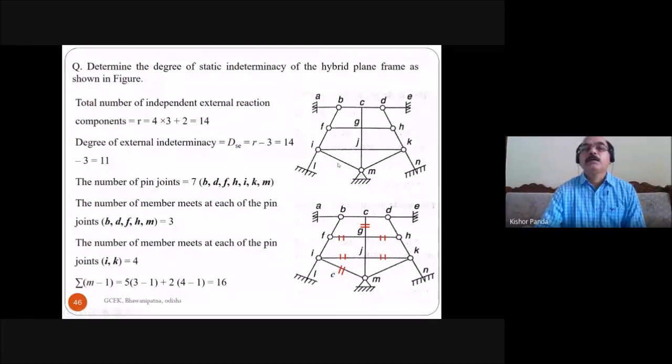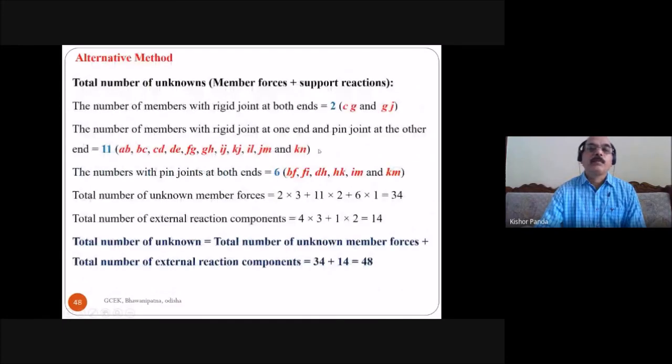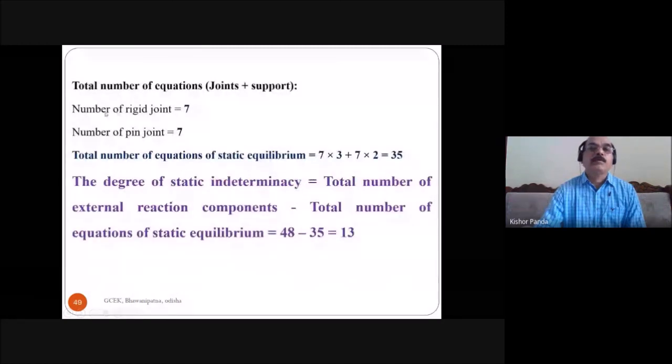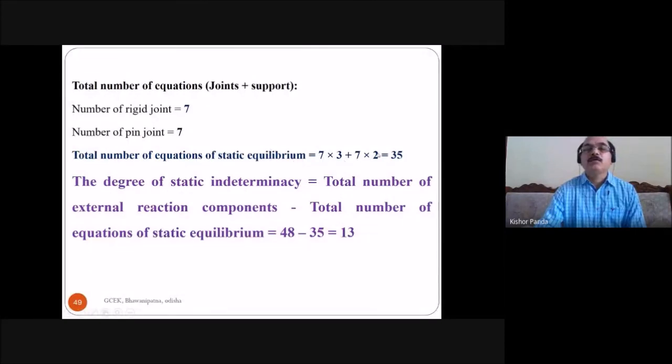Number of rigid joints 7, number of pin joints 7. Then you can find out the total number of equations of static equilibrium: 7 into 3 plus 7 into 2 is equal to 35. So this is the total number of equations of static equilibrium.